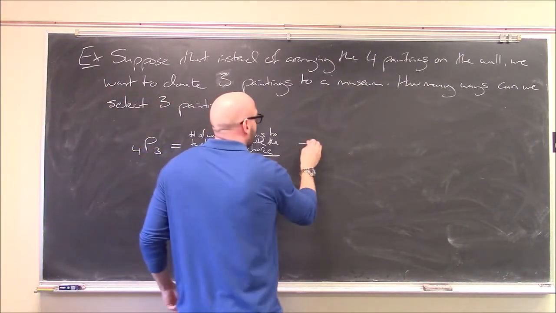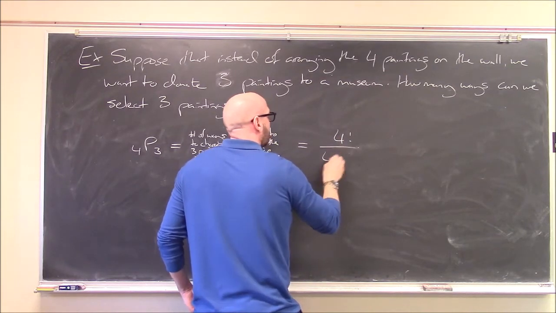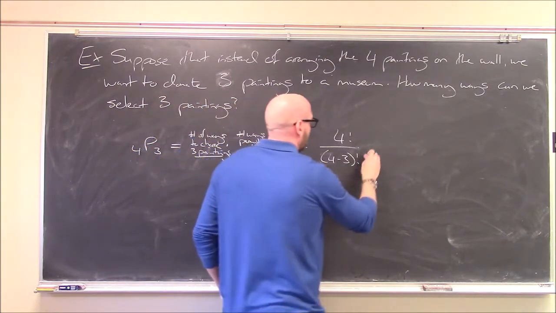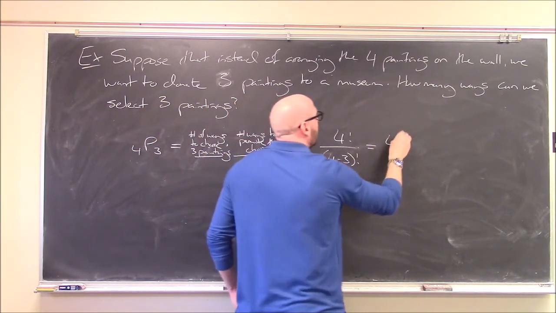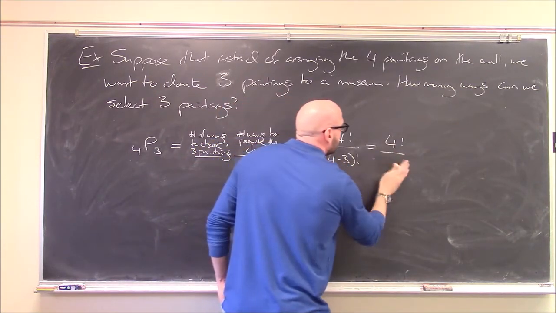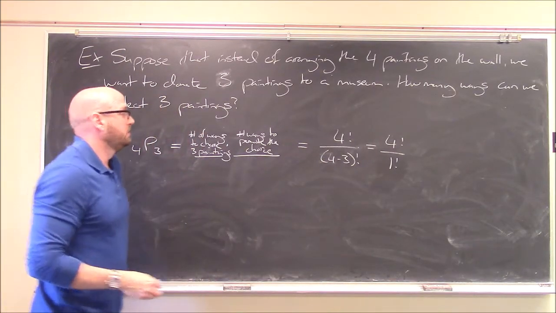We know this comes out to be 4 factorial over 4 minus 3 factorial, which is just 4 factorial over 1, which is 24.